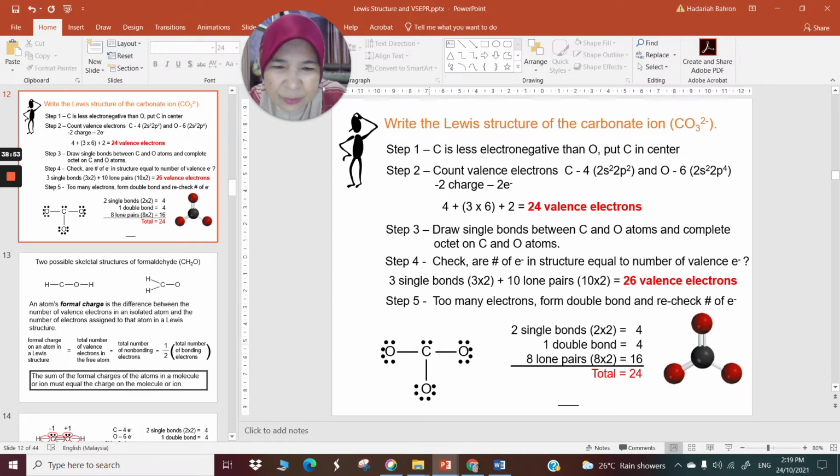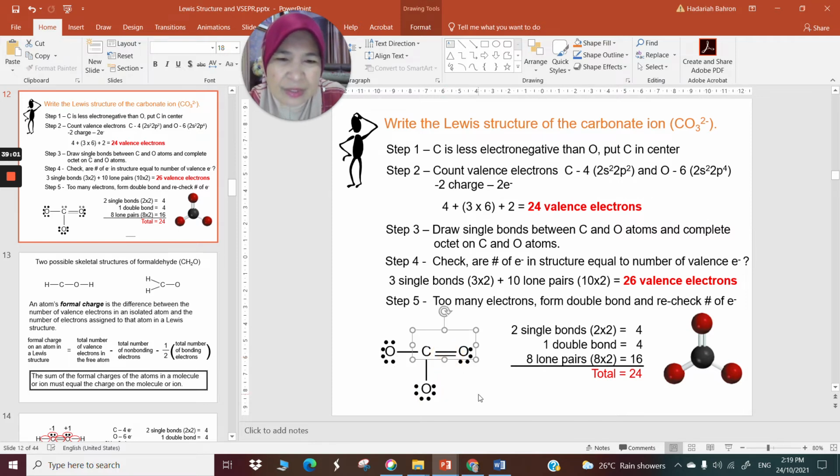And then this one, you collapse it, making a double bond like that. You take away those 2 electrons at the top, make a double bond like that.